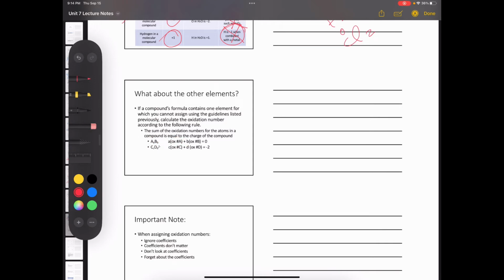Now, why is it equal to 0? Because the total charge over the AB molecule is 0. That is very important to pay attention to.